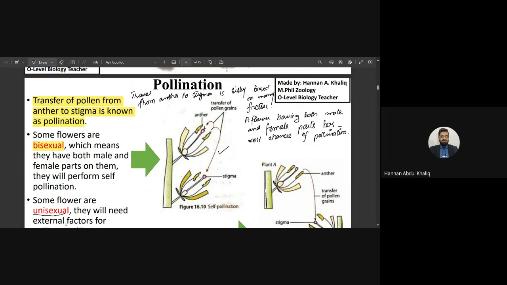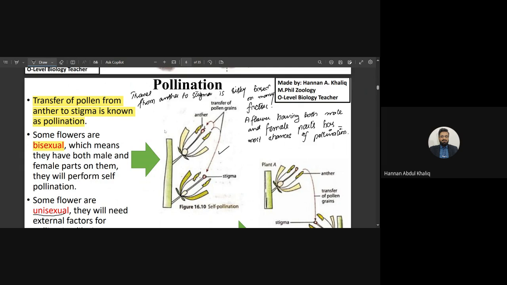Okay, now one more thing. Be very attentive. There is another very important point: when flowers are pollinating, there are two ways.